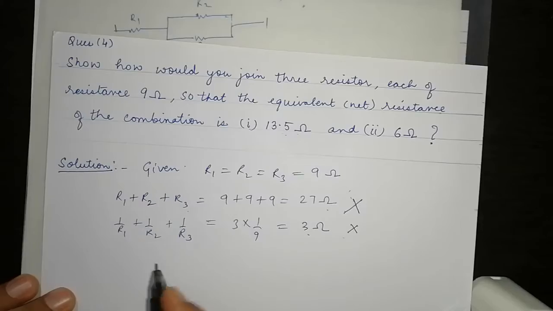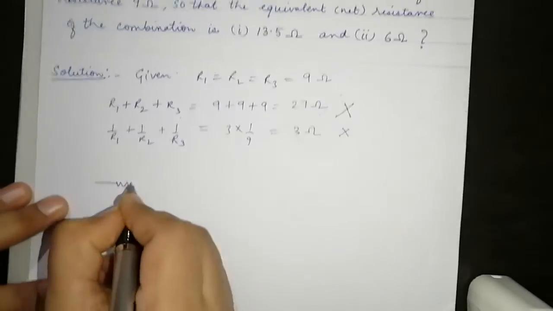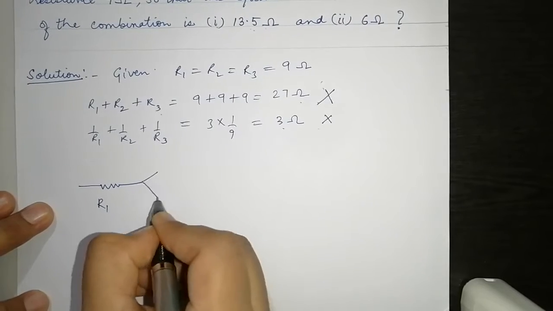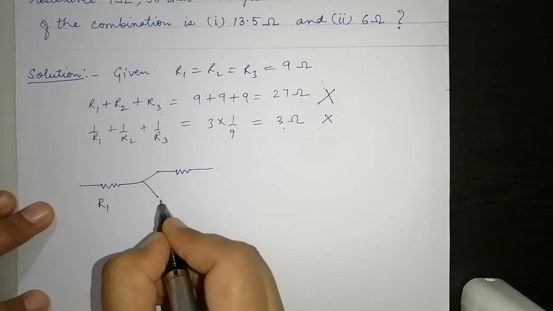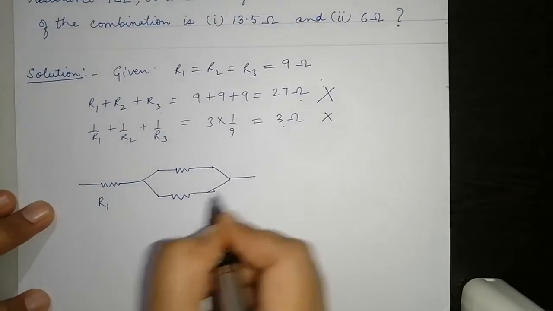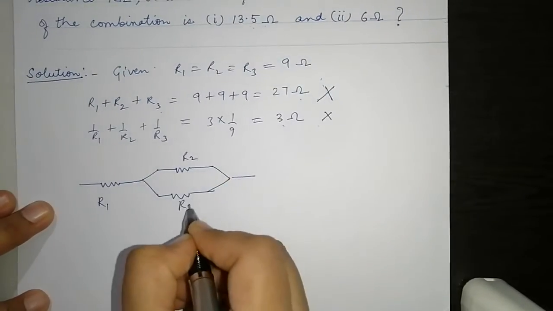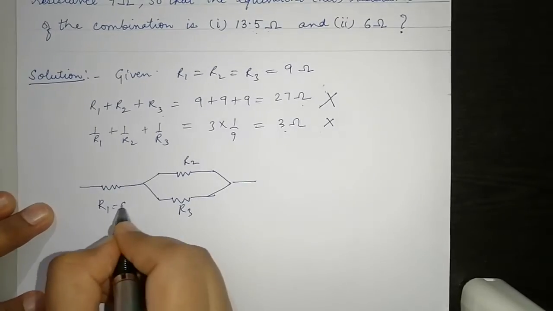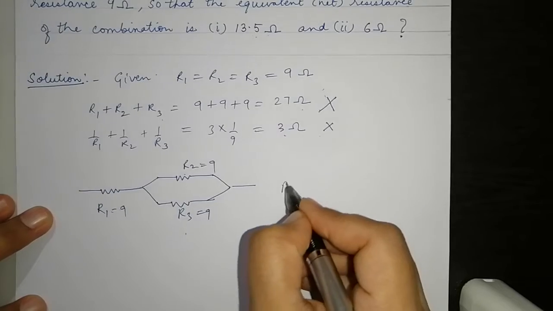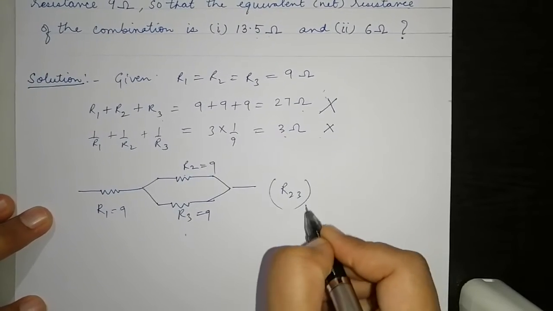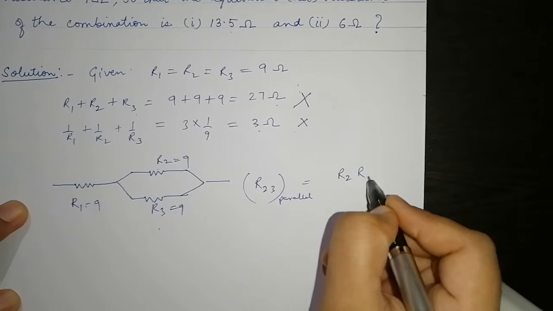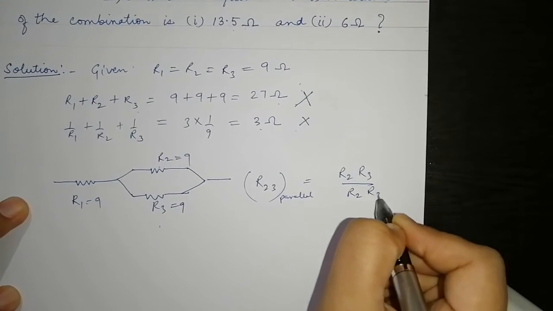Okay, so let me first of all try out. Let me take R1 like this and let me take R2 and R3 in parallel. So now this is 9, this is 9 and this is 9. If R2 and R3 are in parallel, this is going to be R2 R3 upon R2 plus R3.